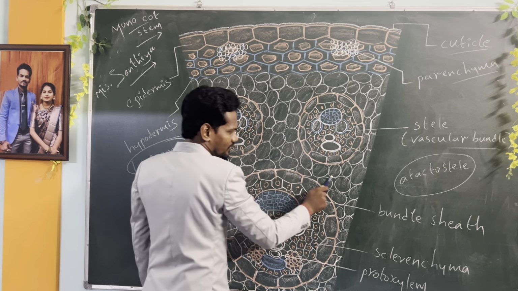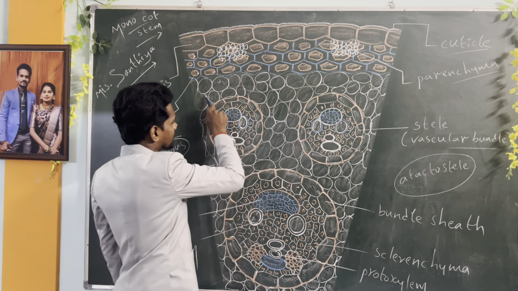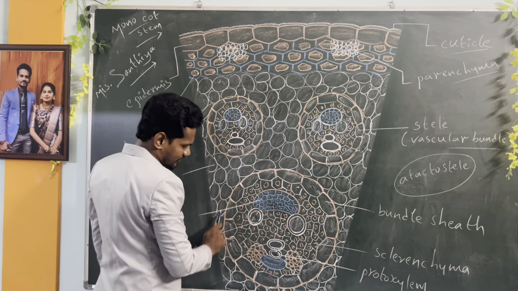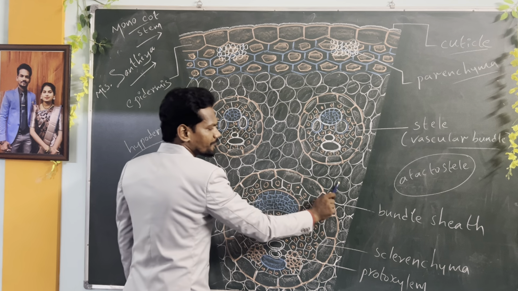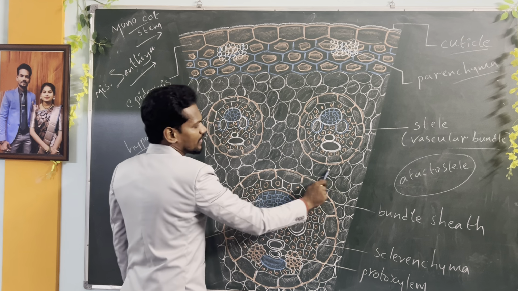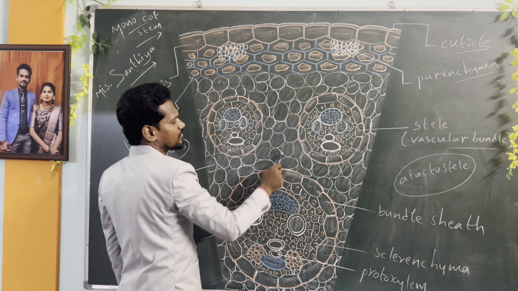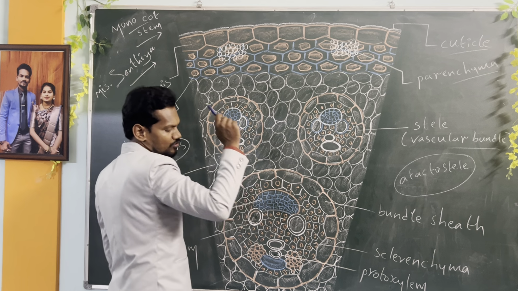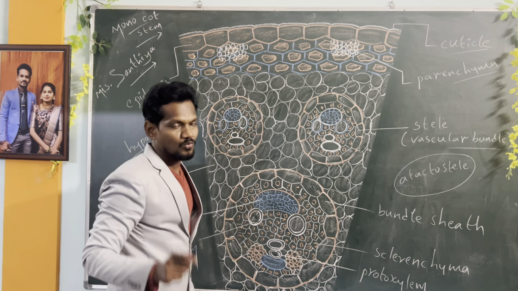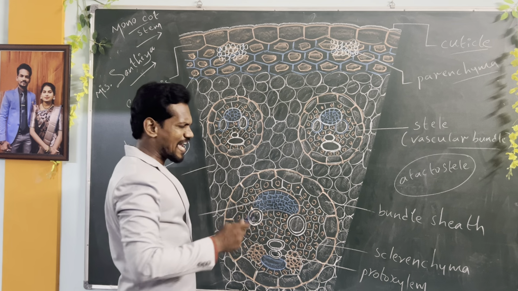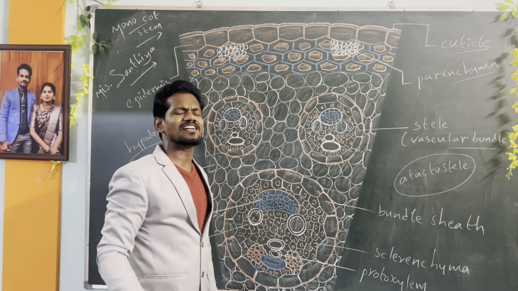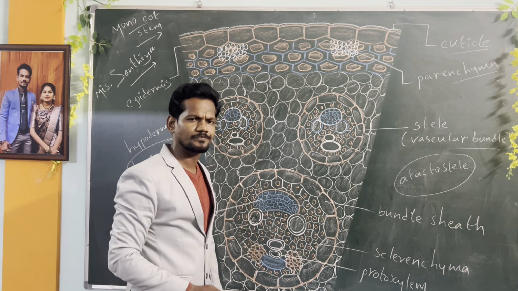cortex. This is known as general cortex or else ground tissue. Why? Because a huge number of cells are arranged, many layers of cells. It is also known as ground tissue because generally the plant body is made up of more than 70% parenchymatous tissue.